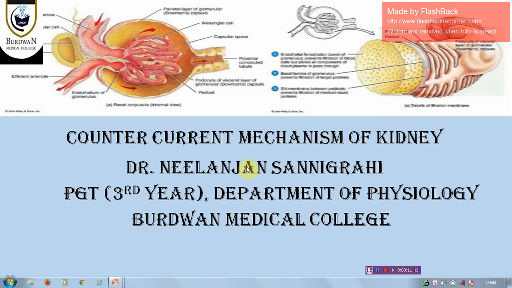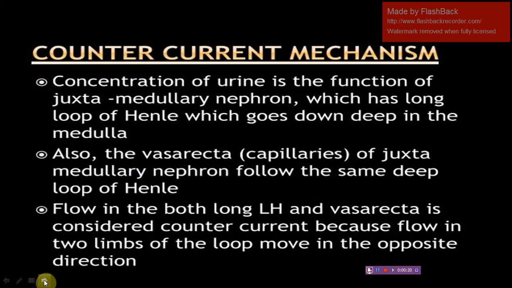Today my topic of discussion is countercurrent mechanism of kidney. Countercurrent mechanism. The concentration of urine is the function of juxtamedullary nephron, which has a long loop of Henle which goes down deep in the medulla.